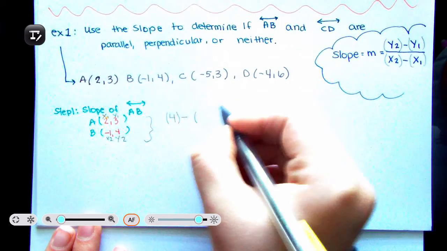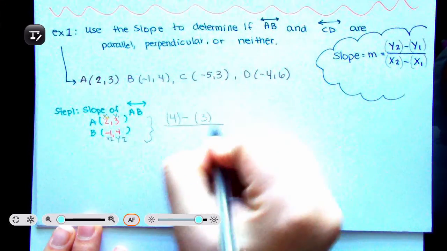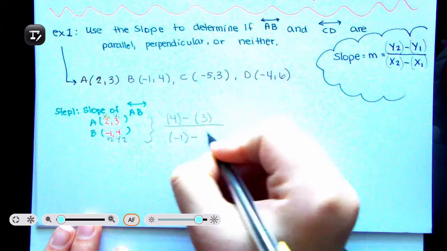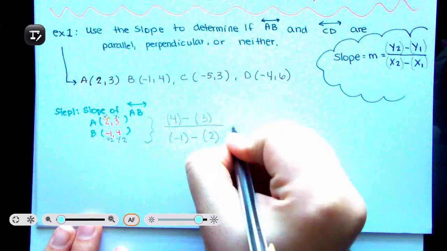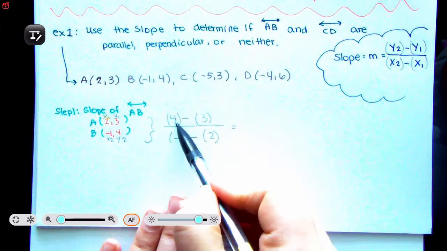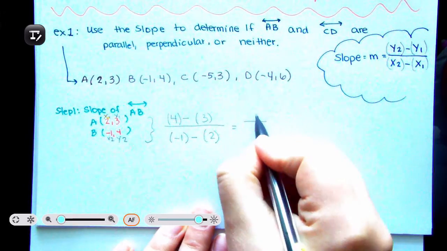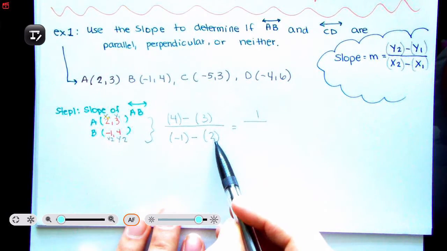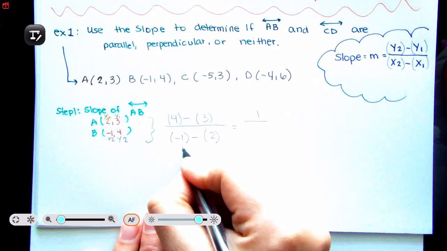So I have 4 minus 3 all over x2, which is -1, minus x1, which is 2. So I have 4 minus 3, that's 1. -1 minus 2. If you're not sure what this is, use counters.